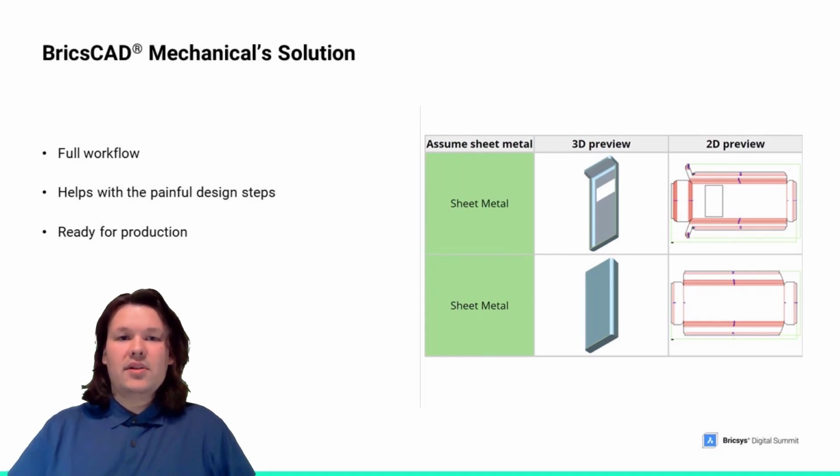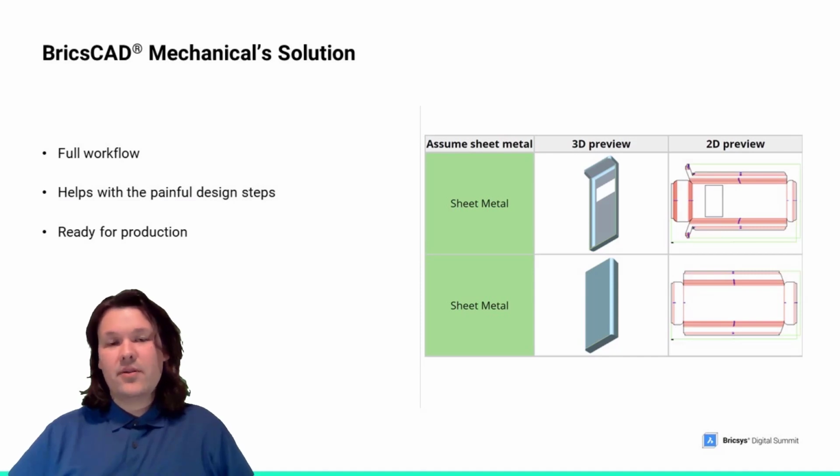This is why BricsCAD Mechanical gives you the complete workflow, from design inception to preparing for fabrication. And it even helps you through the painful steps of design considerations. Our sheet metal tools help to automatically detail your designs with manufacturing specific information and form features, such as bend reliefs and relationships between bends and junctions and the reliefs in between.